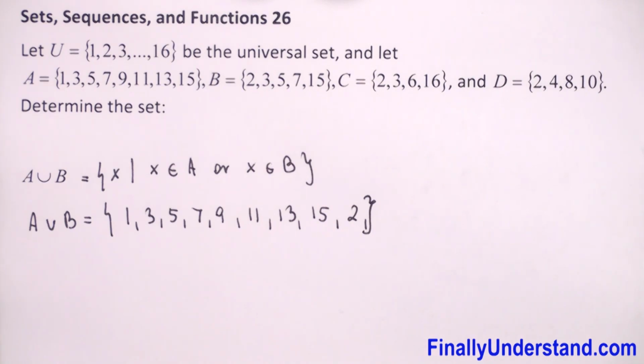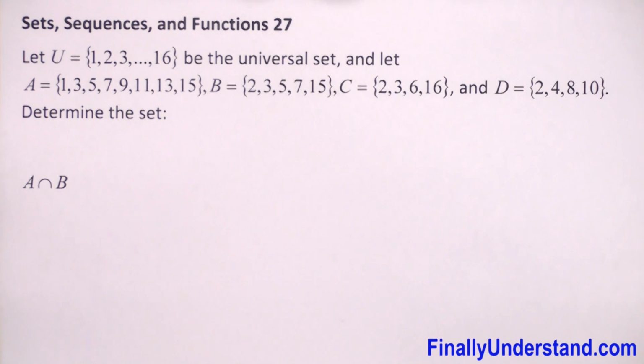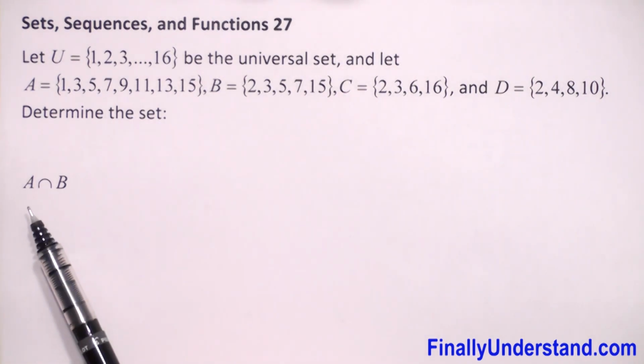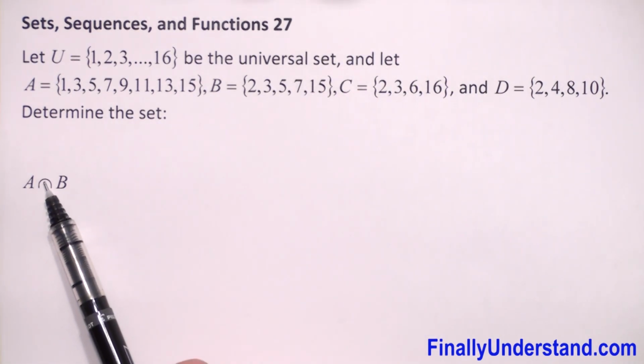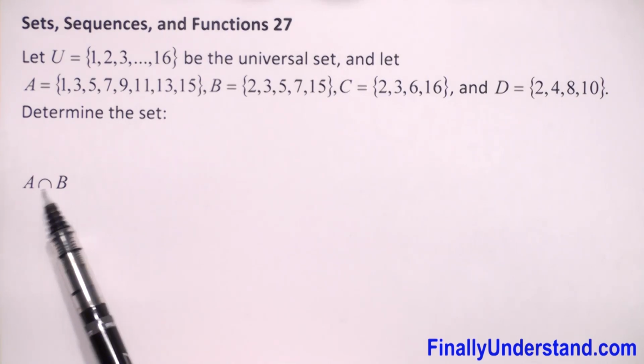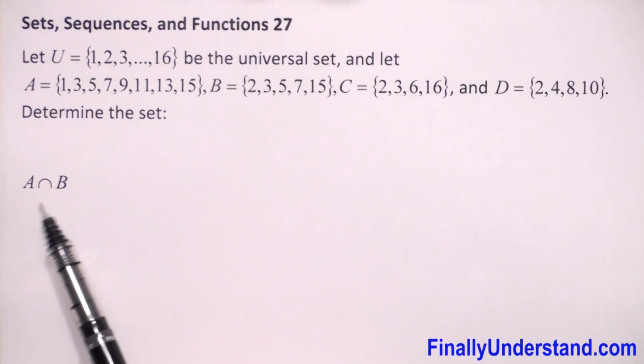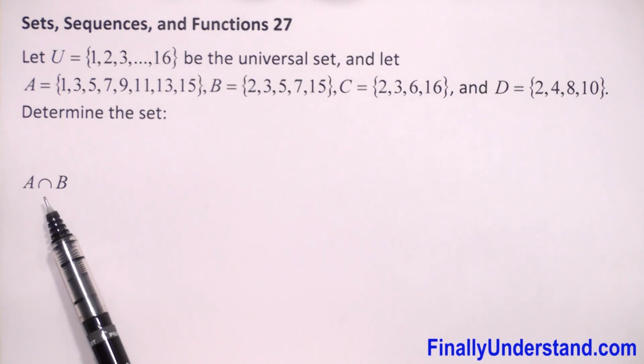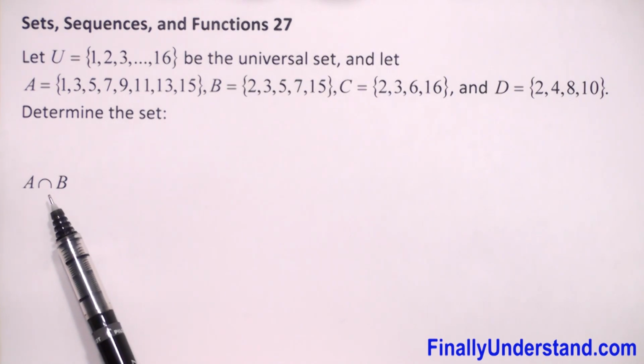This is my solution. We have given universal set U and sets A, B, C, D. In this example, we have to determine the set. We have here this symbol. It means we have to find the product of these two sets, or in some books it is the intersection of two sets.